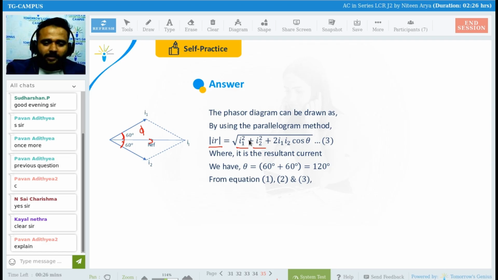I mean, current cannot be taken as a vector, but in a phasor diagram we need to take it as a vector. The resultant current is the negative of I3. This is your resultant current, IR, and I3 is going to be in this direction.